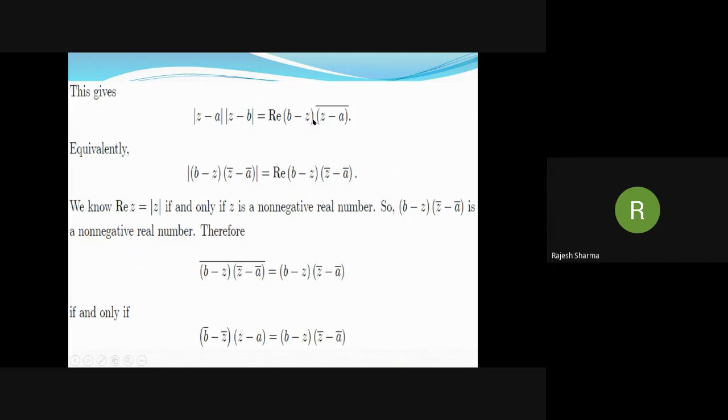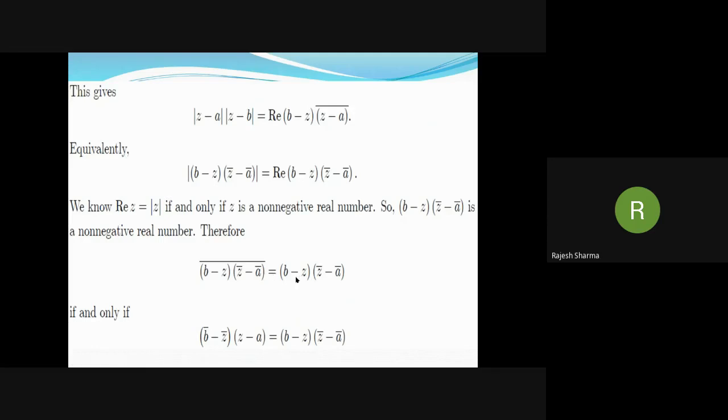We know the real part of Z is equal to |Z| if and only if Z is a non-negative real number. And for a non-negative real number, the conjugate of it must be equal to itself.